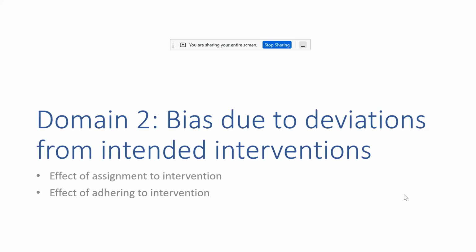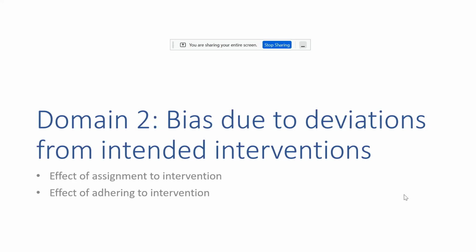So before even starting this domain 2 risk of bias assessment, we need to be clear what we are interested in. So when do you think it will be important to assess the effect of assignment to intervention? It is more important when we are looking at something that will be implemented on a large scale, like public health interventions.